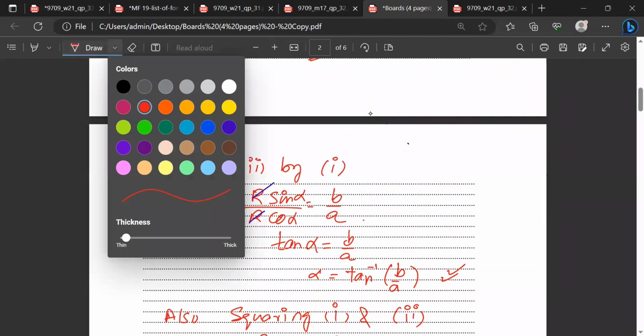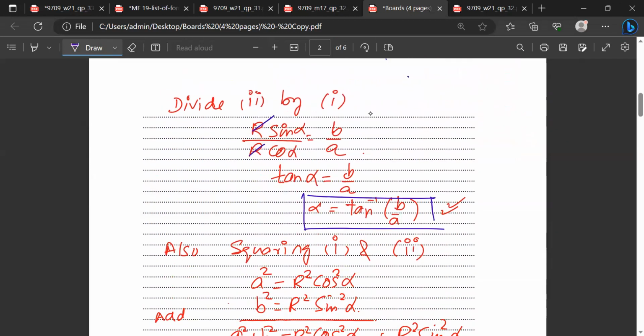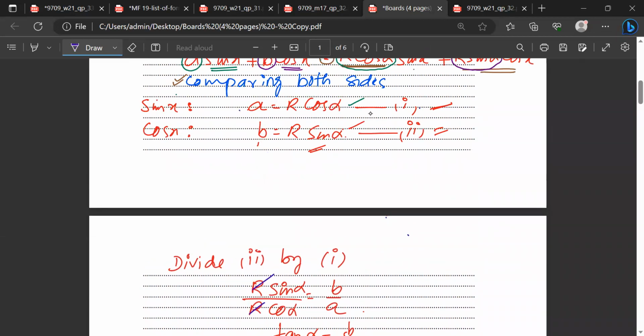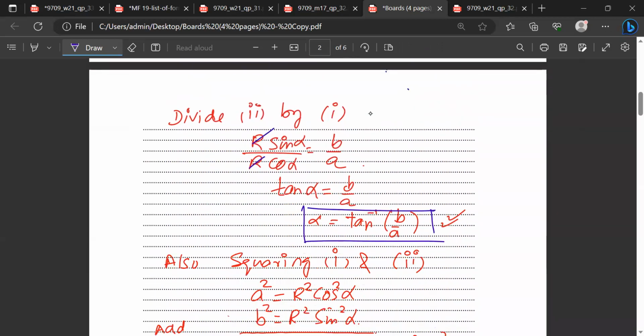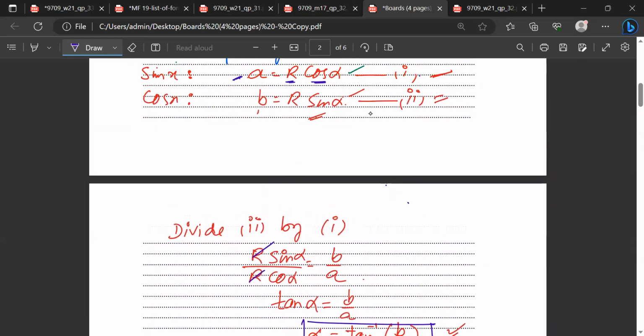In this way, you can find the value of alpha: tan inverse of b over a. For the value of R, you can square both equations. If you square one, it will be a square equals R square cos square of alpha, and the second, R square sine square of alpha, if you square the second equation.